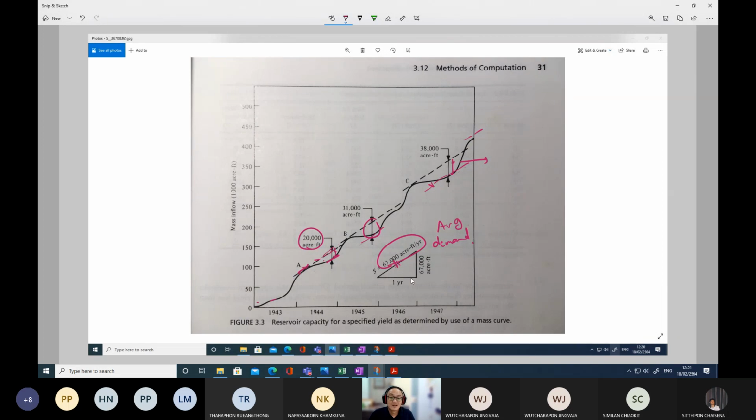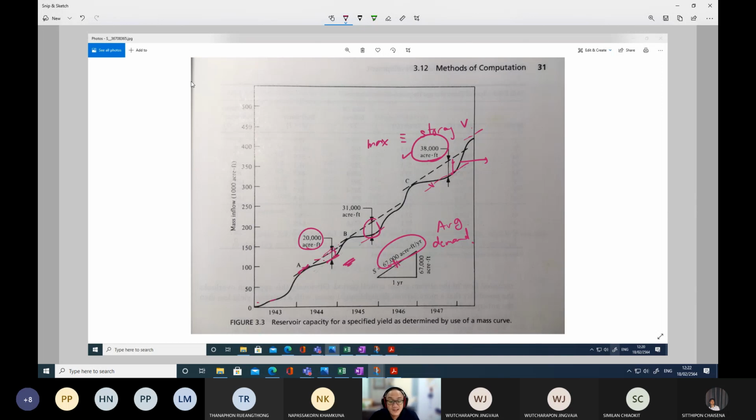But the maximum vertical distance will be equivalent to the storage volume. This one, you can find vertical tangents, and this one also, but they are not the maximum. The maximum is this one. So whichever one gives the maximum value, we will take that one.